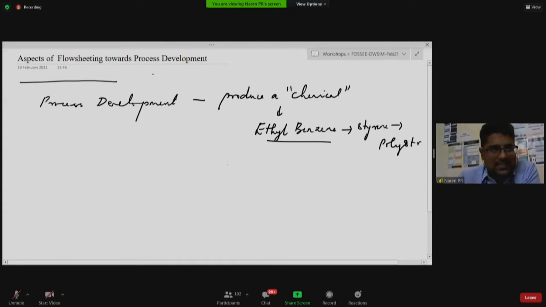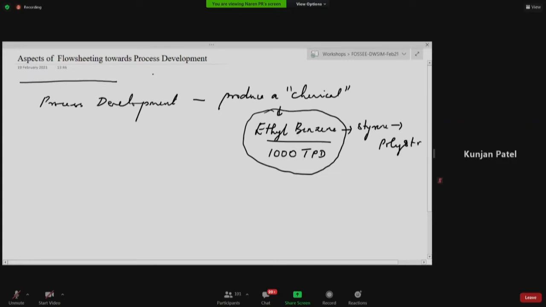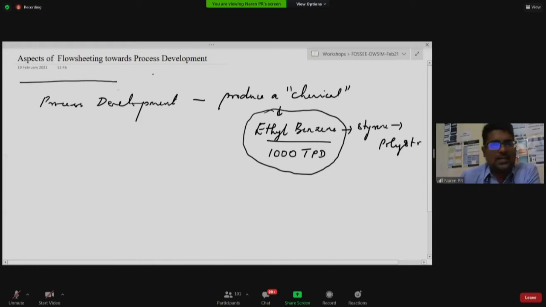Now let's say that I want to produce this in some capacity. Let's say I want to do this in 1,000 tons per day. This is all the information to begin with. Let's say that you need to produce ethyl benzene at this much quantity per day, and you are asked to develop a process.